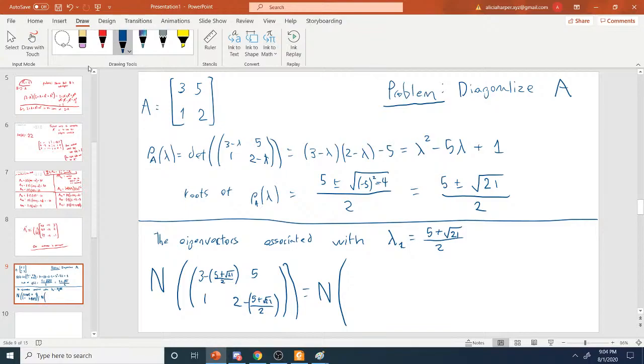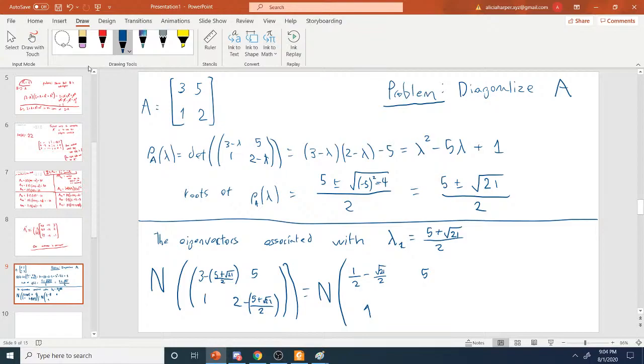And then this is going to be the same thing as the null space of, give me a second to think about this. So I'm going to have 1/2, I believe it's 1/2, yes, minus the square root of 21 divided by 2. And then 5. And then 1.